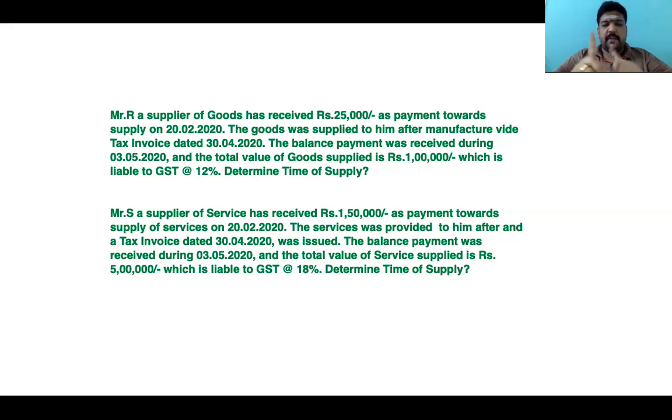The balance money was settled in due course, on 3/5/2020. What is going to be your time of supply? Quick, quick, quick. One or two minutes should be a decent and sufficient time. I don't expect a very elaborate answer. You can come up with your regular style of answering.